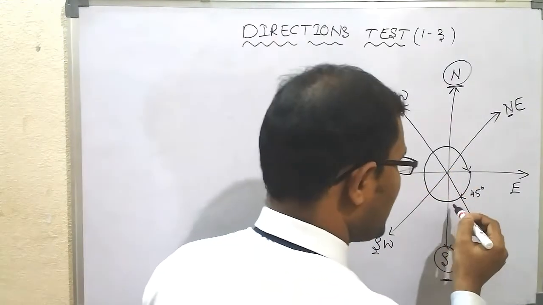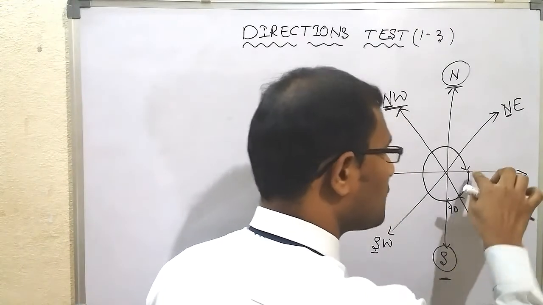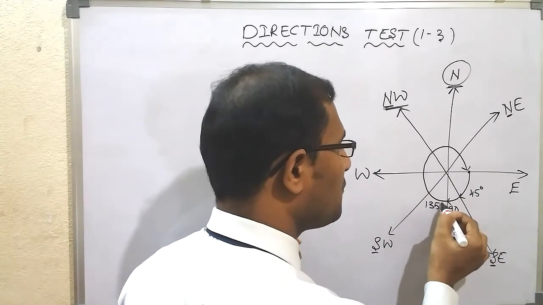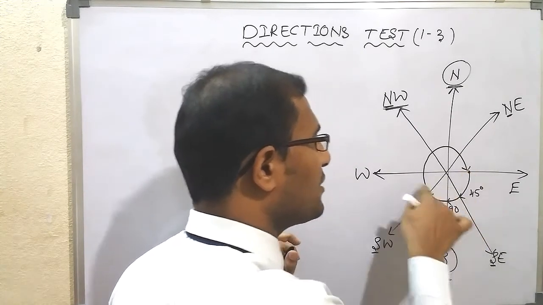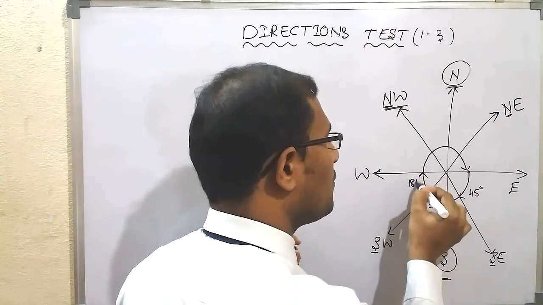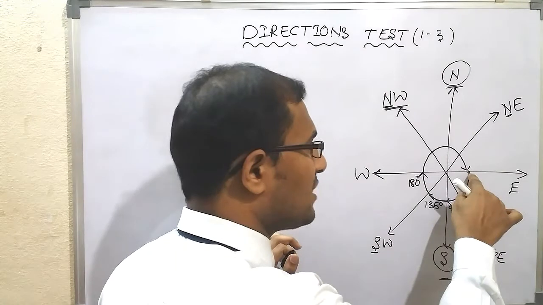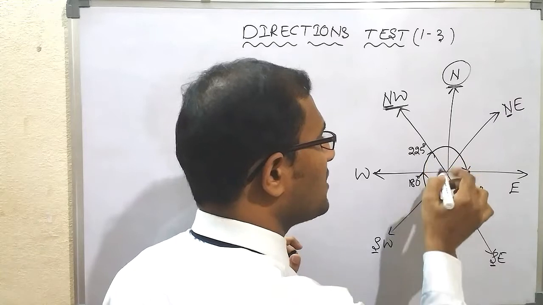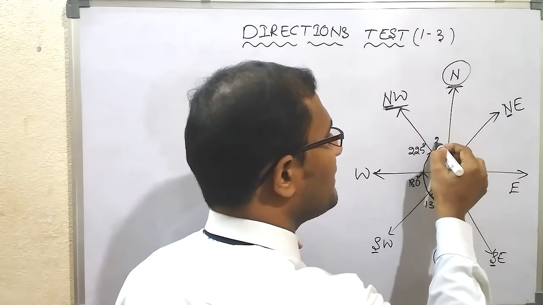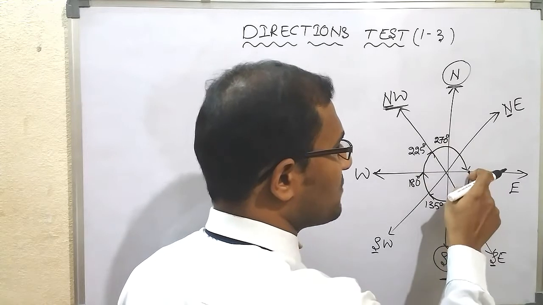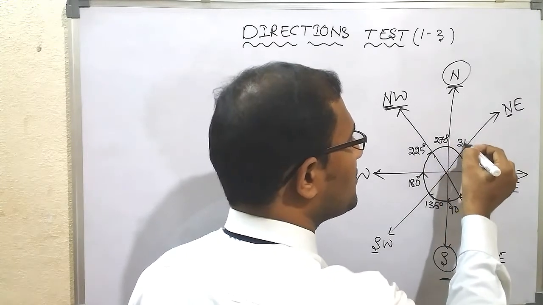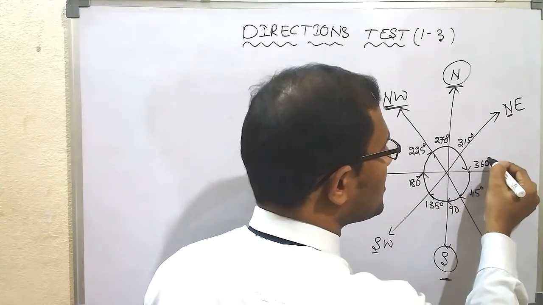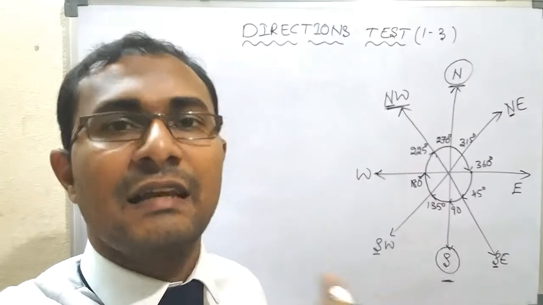So 45, and up to here 90 degrees, up to here 135 degrees, and from the starting point to this point it is 180 degrees. Up to here it is 225 degrees, up to here 270 degrees, up to here 315 degrees, and up to here 360 degrees. In this way we have to take the clockwise direction.